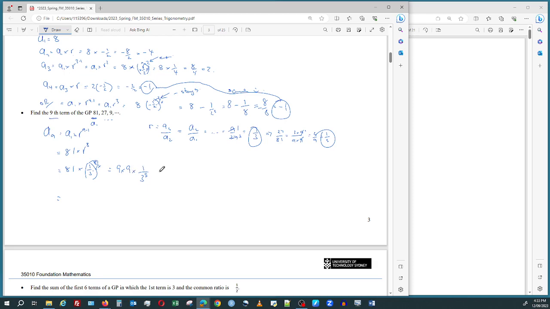These are also 3s, aren't they? 81 is 3 to the 4, times 1 over 3 to the 8. We can subtract those. So 4 minus 8 is 3 to the minus 4, which is 1 over 3 to the 4, which happens to be what we did up here. There it is, 81. So it's 1 over 81.